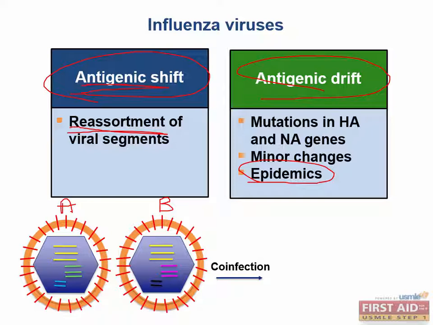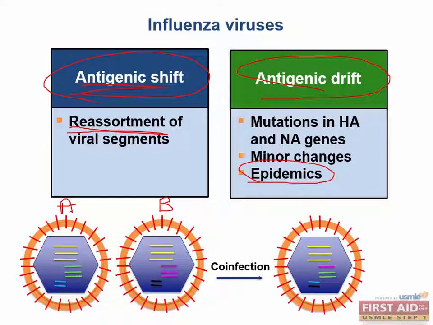Segments of virus A can exchange with segments of virus B and create a new virus C, seen here. This unique progeny of virus A and B has genetic material from both virus A and B and is going to be much different from its parents.